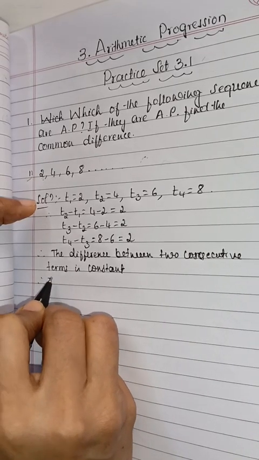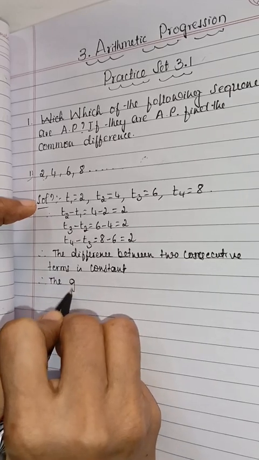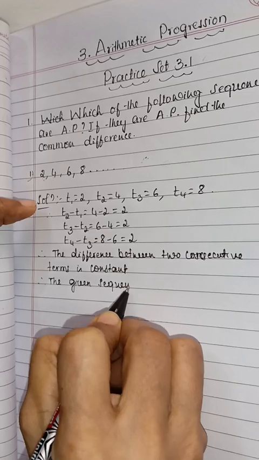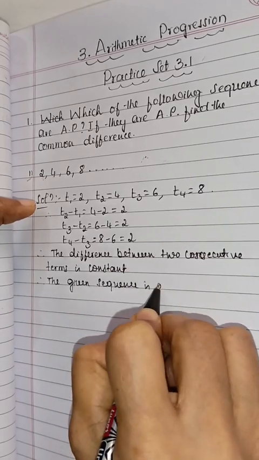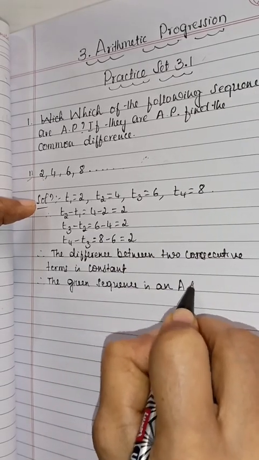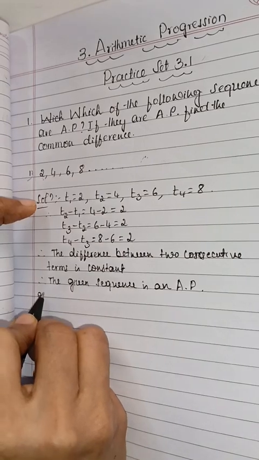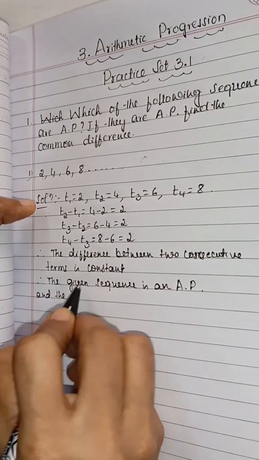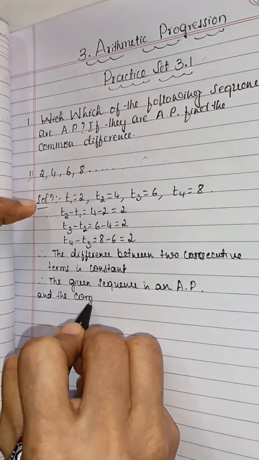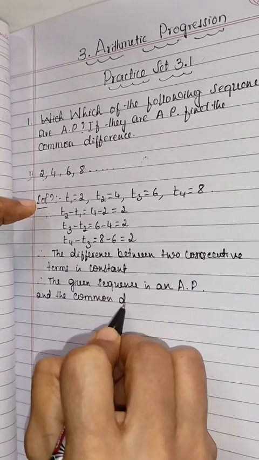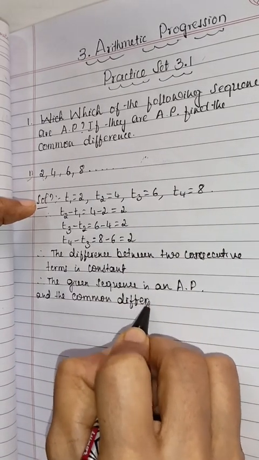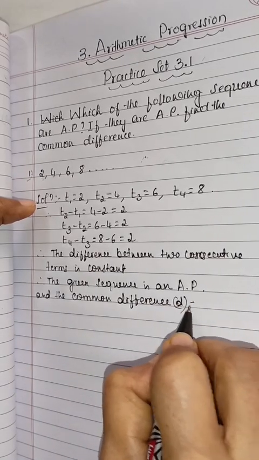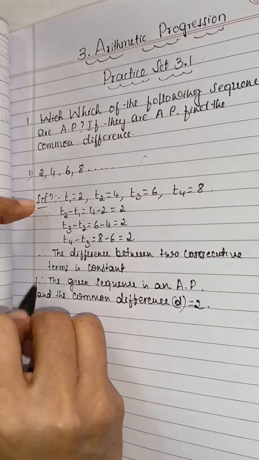Therefore the given sequence is an arithmetic progression, and the common difference, that is d, is 2.